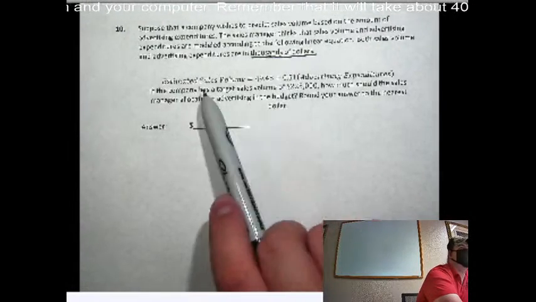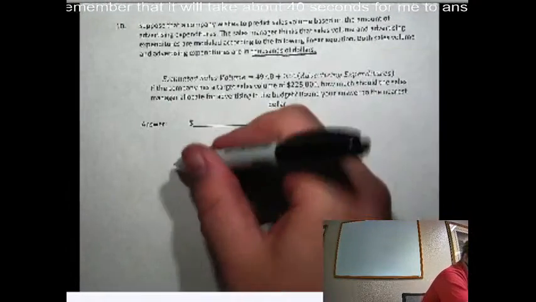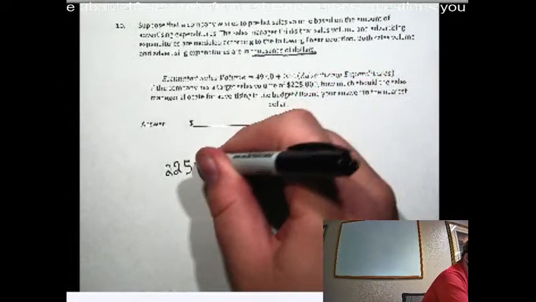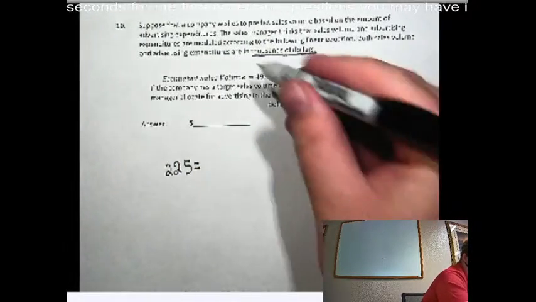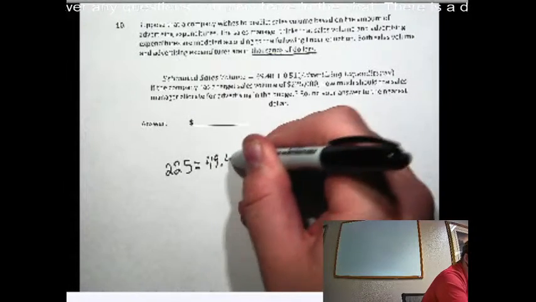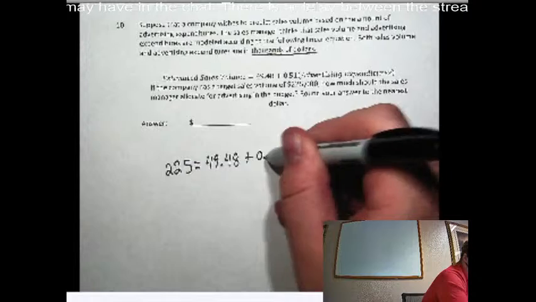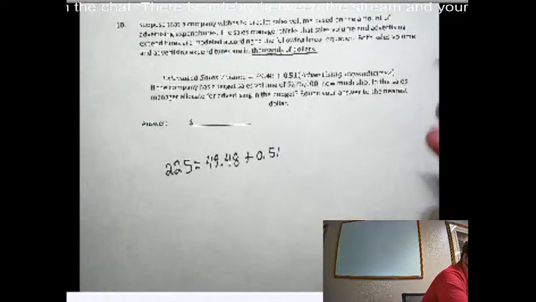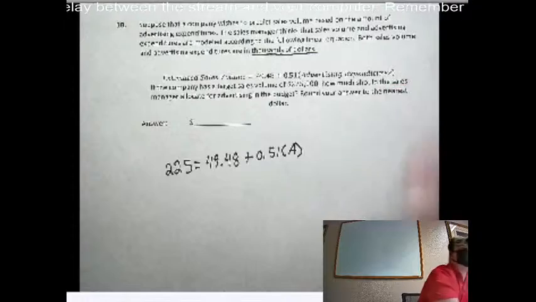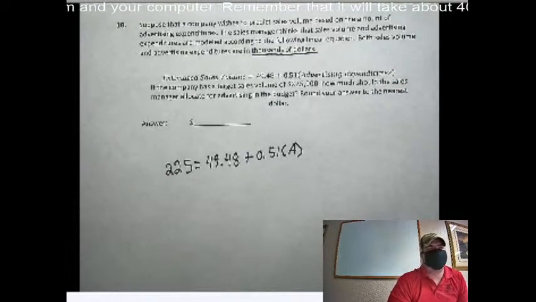Because we have to remember that both of these are in thousands of dollars. So this is 225 equals 49.48 plus 0.51 times advertising expenditures, which I'm just going to call A.